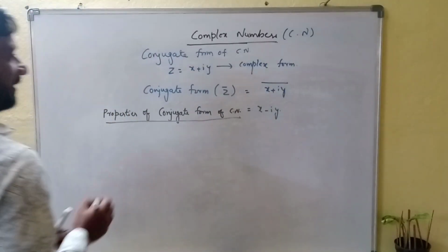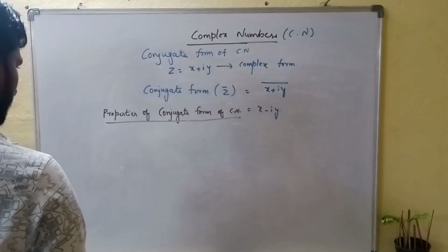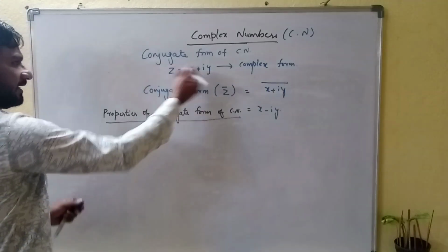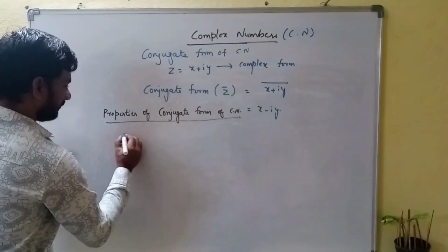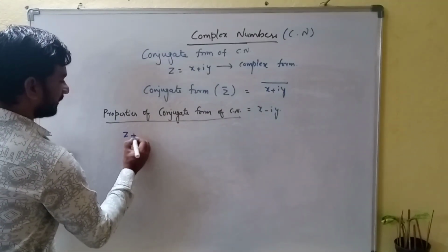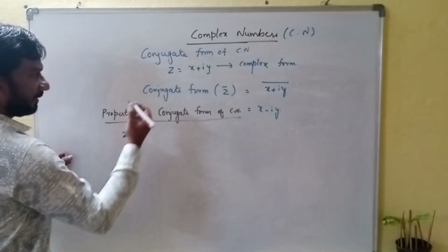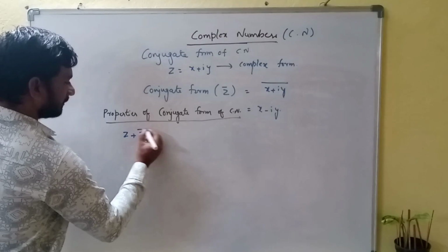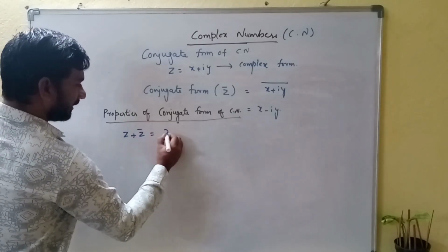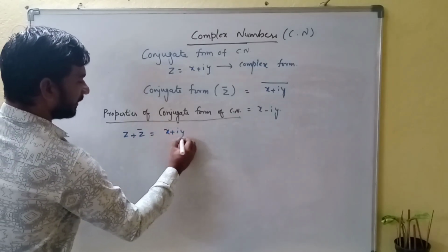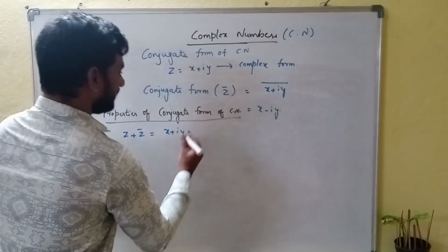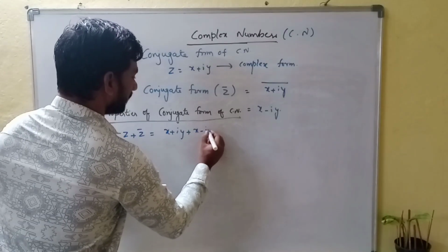There are certain properties for the conjugate form of complex numbers. We know that z equals x plus iy. Here I am adding the complex form plus the conjugate form. This means z, which is x plus iy, plus z bar, which is x minus iy.